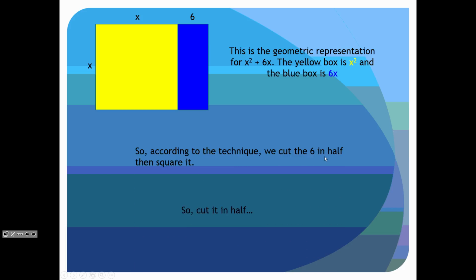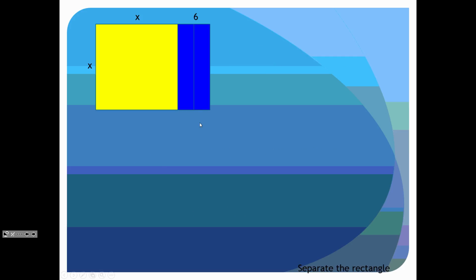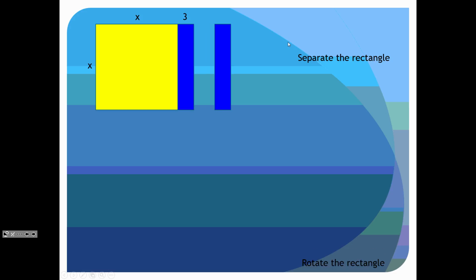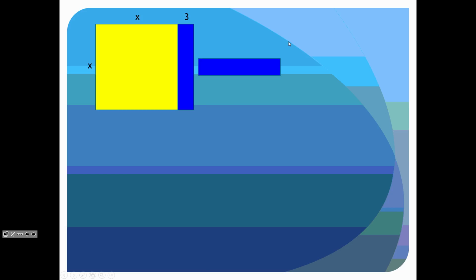According to the technique, we cut the 6 in half, then square it. So let's cut this in half. We're going to separate the rectangle, rotate it, slide it underneath.